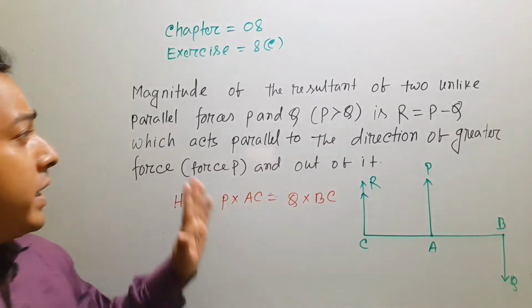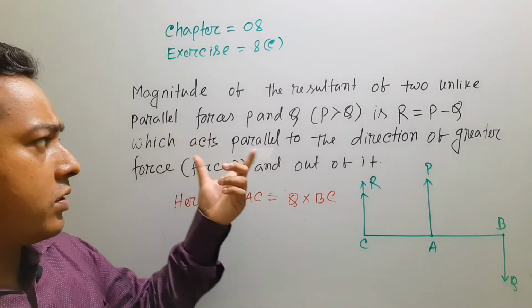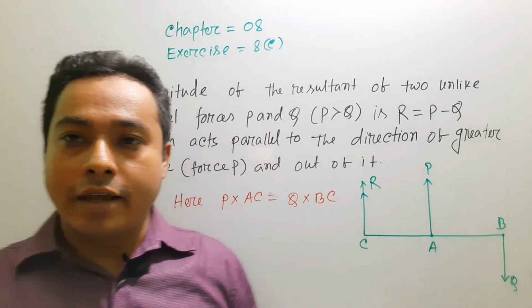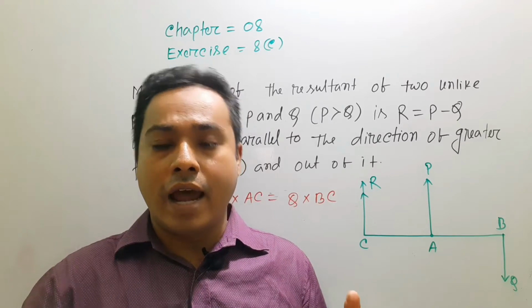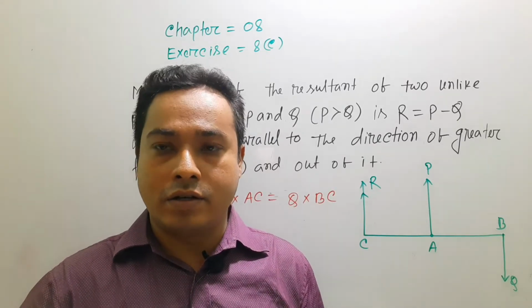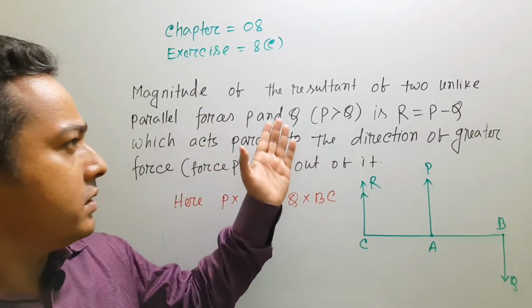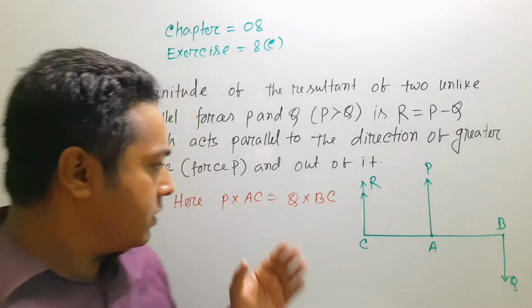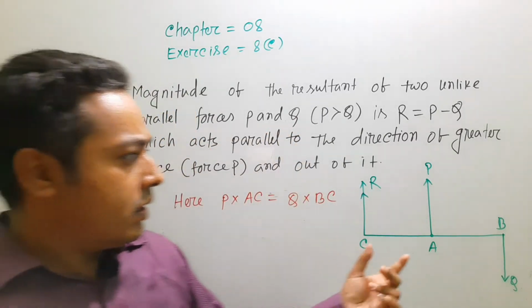Now, the magnitude of the resultant of two unlike parallel forces. Just consider P and Q. What are unlike parallel forces? If their lines of action are parallel but their directions are not the same, then we say the two forces are unlike parallel forces. Consider here P and Q are two unlike parallel forces.